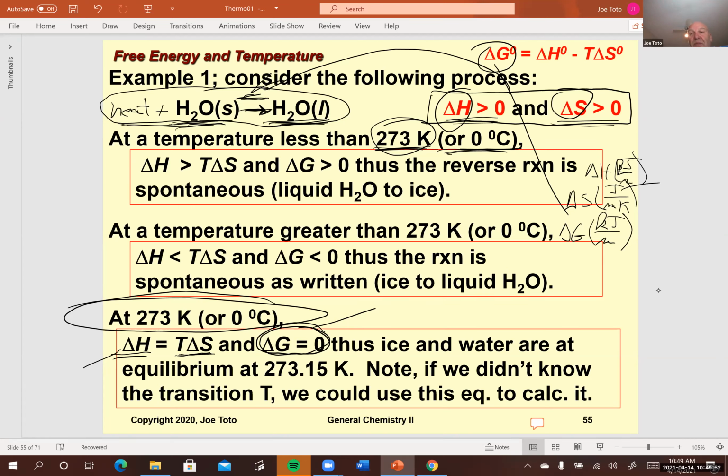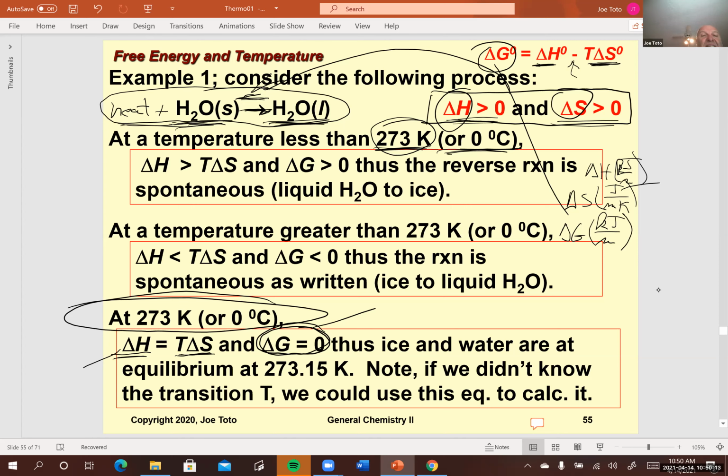So these terms in our Gibbs-Helmholtz, this term and this term, have the same magnitude but opposite in sign because of this. And so they wipe out each other, and it's equilibrium at 0 degrees. And we know that's true for water.